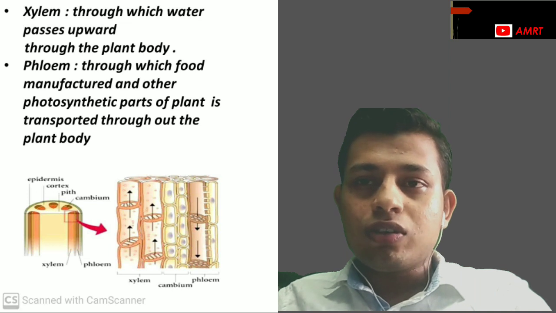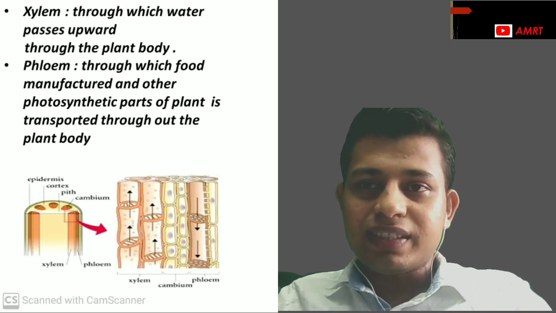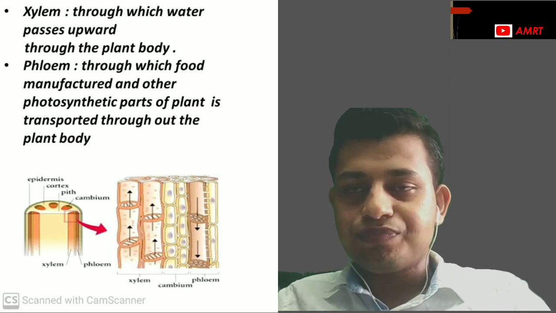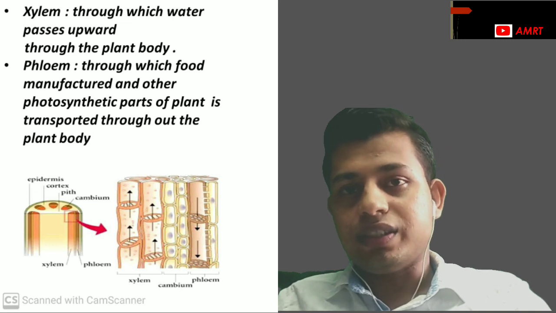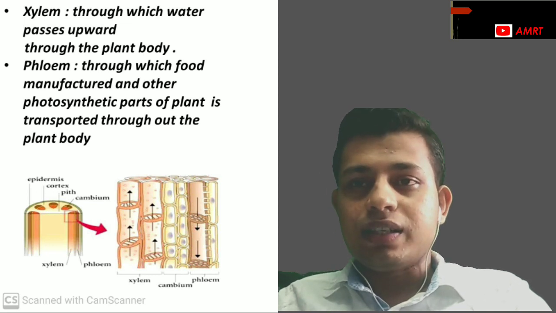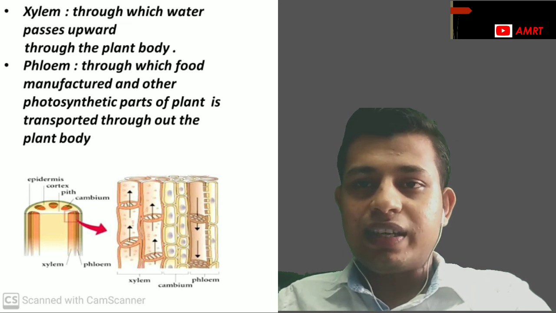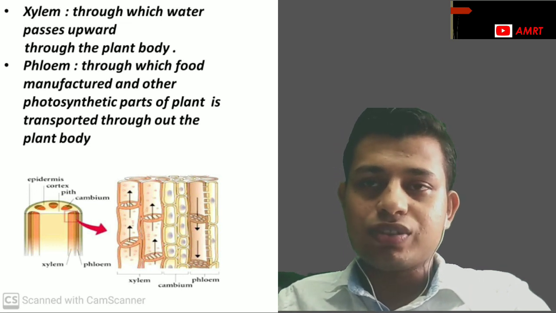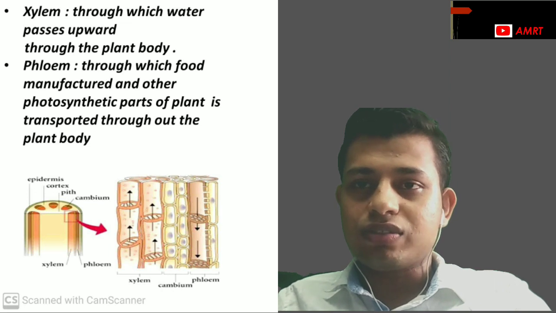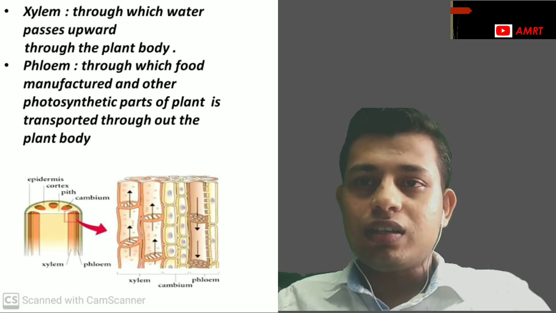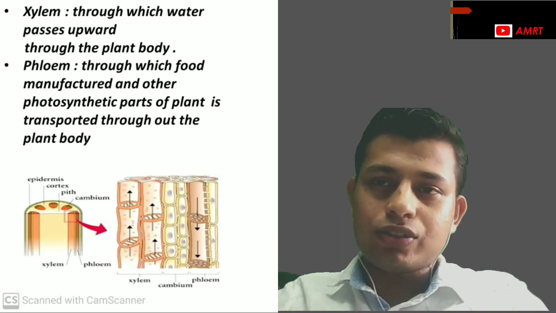Concentrate on the screen. There is a crystal clear diagram in which you can see longitudinal sections and transverse sections. Look very carefully. You can see on the xylem the arrow is in an upward direction.